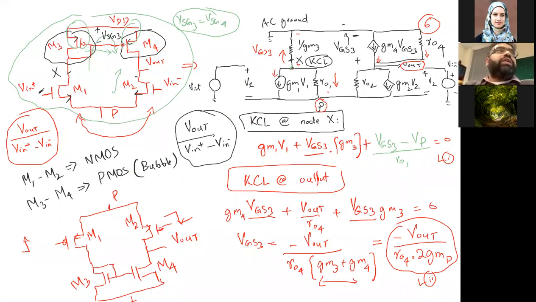So what I am writing is ultimately V in plus minus V in minus is equal to V1, that is equal to VP, right?